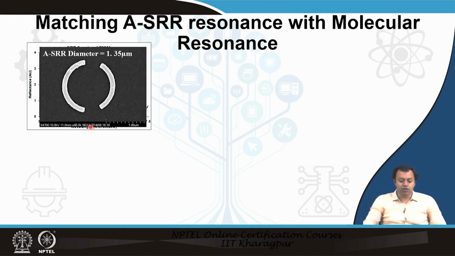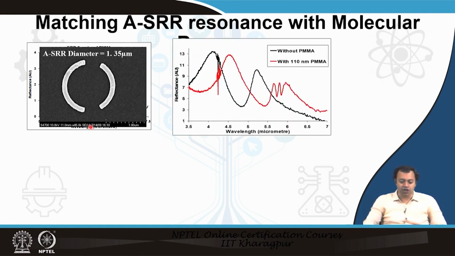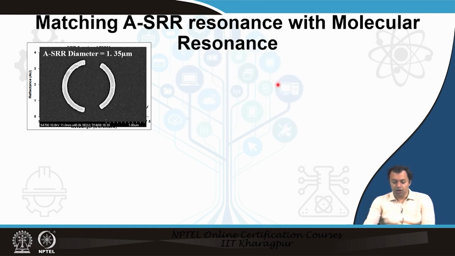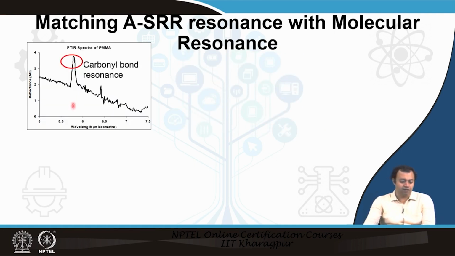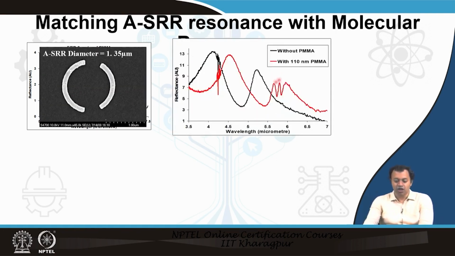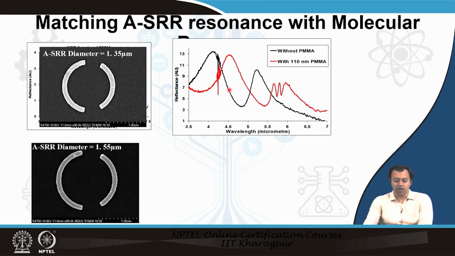This is exactly what we did. We changed the size, the diameter of the split ring resonators, and we started showing this characteristic feature, this carbonyl bond. The previous carbonyl bond, which was at 5.5, got enhanced by the presence of this peak.